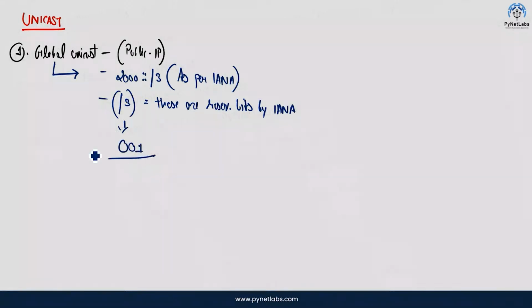Let me give you an example so that you can easily understand the other IP addresses. Say there is an IP address given by IANA in the range 2000::/3. Double colon means continuous zeros are there, so forget about the zeros.